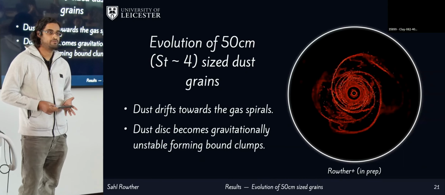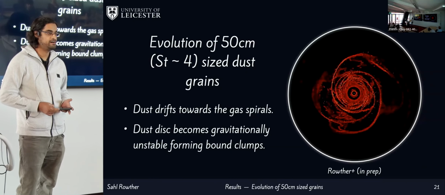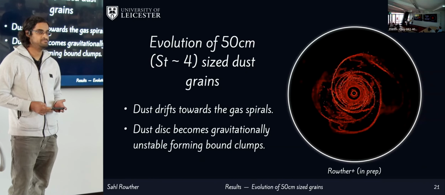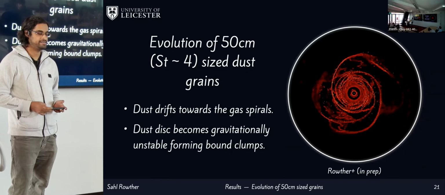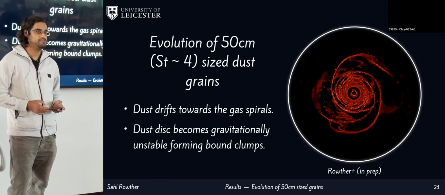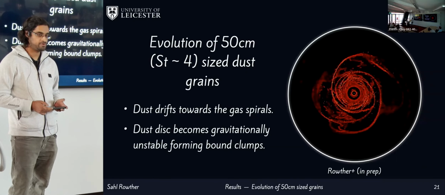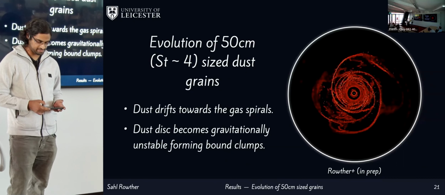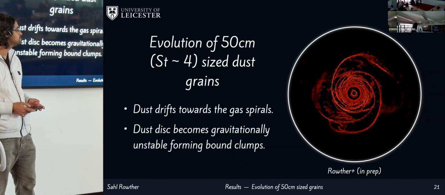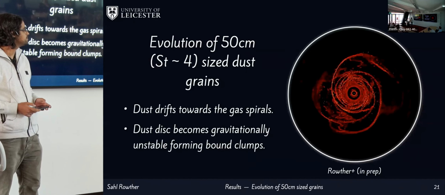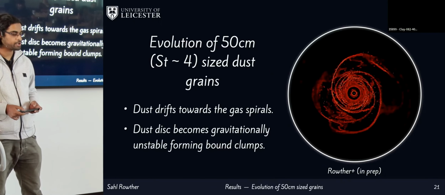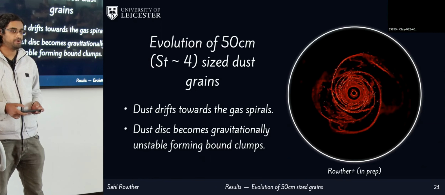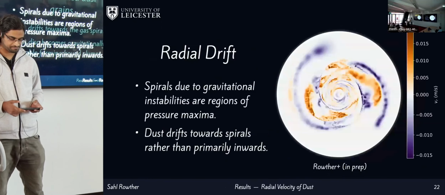With a Stokes number of approximately 4, the dust is in a regime where you would normally expect it to be quite decoupled from the gas, especially for non-self-gravitating disks. However, here the dust still traces the spiral structures quite well and eventually forms clumps.